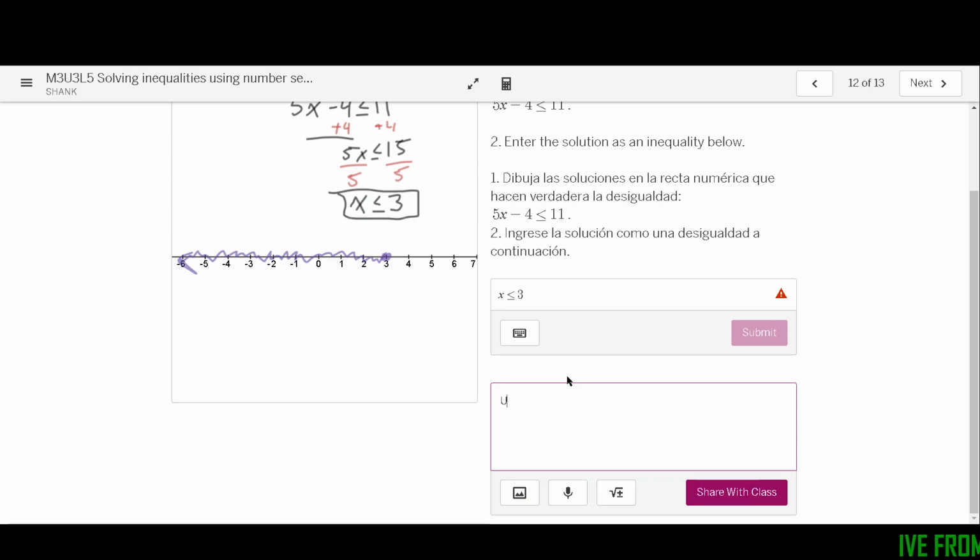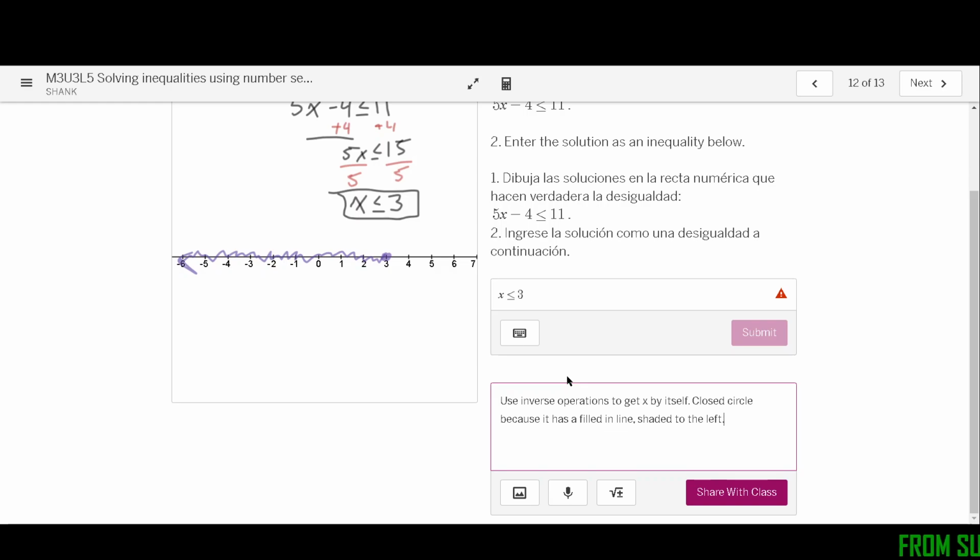So use inverse operations to get x by itself. And we said closed circle because it has a filled in line. And we shade, let's say shaded to the left.